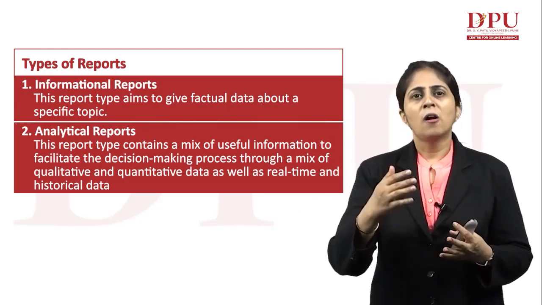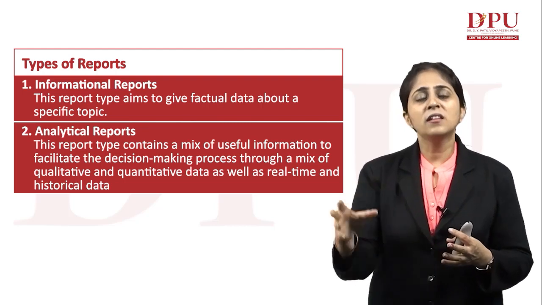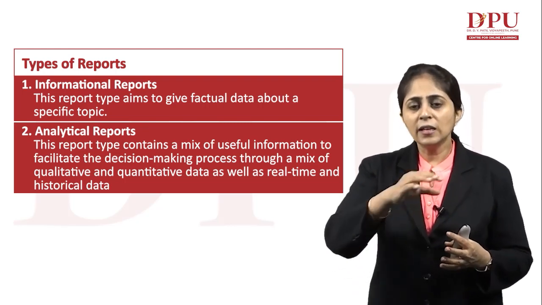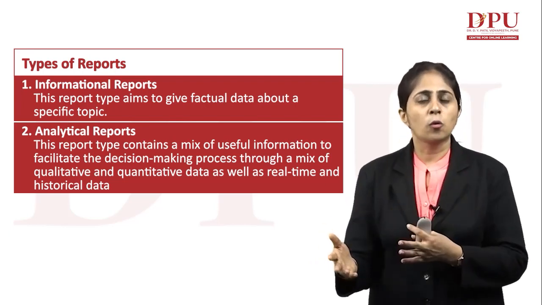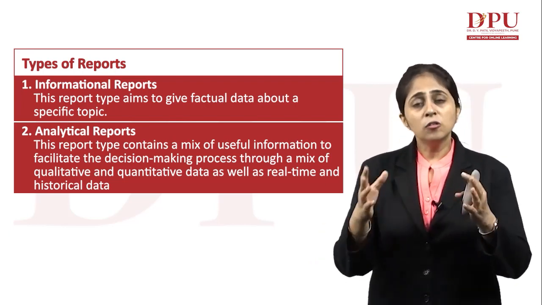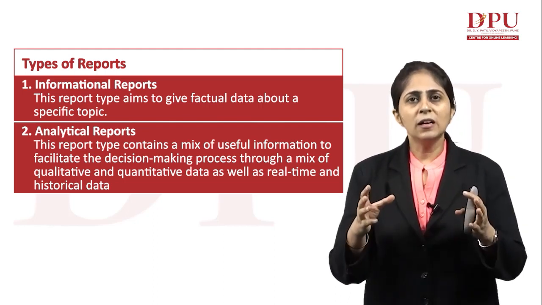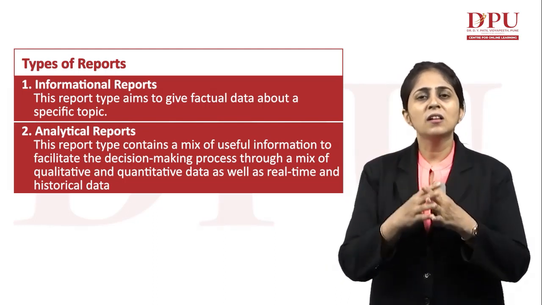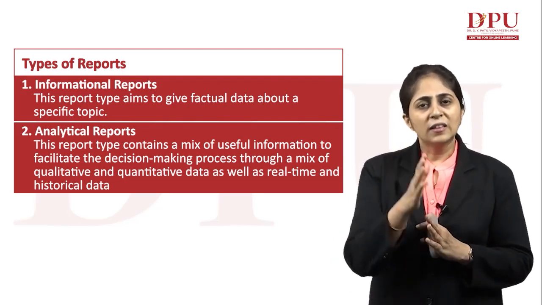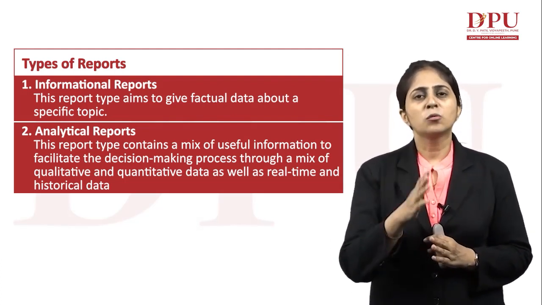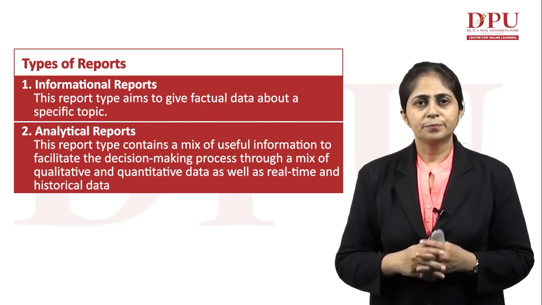Historical data we want to know. And the real time data: presently, how much is the sale of this product at different stores of the organization. So this kind of report, where we are mixing the useful information depending on different criteria, that form of report generated is known as the analytical report.